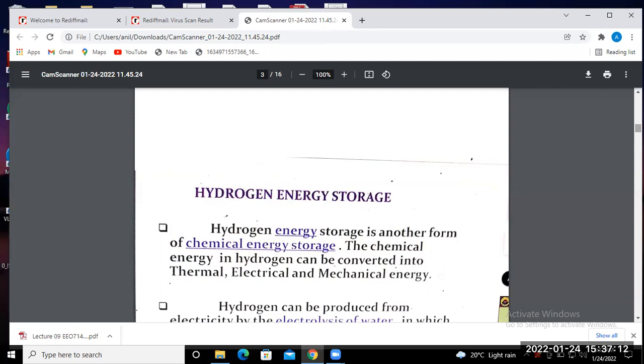So this is another type of chemical energy, whatever we started discussing in the previous class.